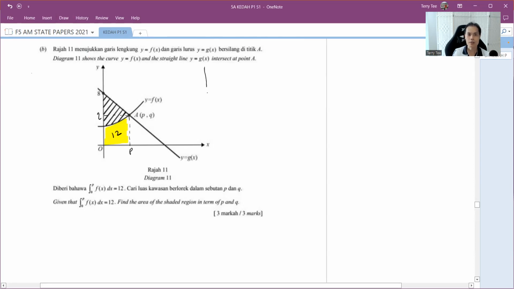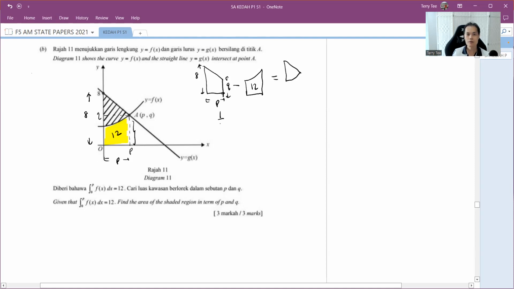Let me draw for you. It's a trapezium. You minus this integration, so you get the shaded region. Now your trapezium, if you measure from here to here, this length is 8. And the length from here to here is now q. And your height here is now p. Now we know this area is 12.